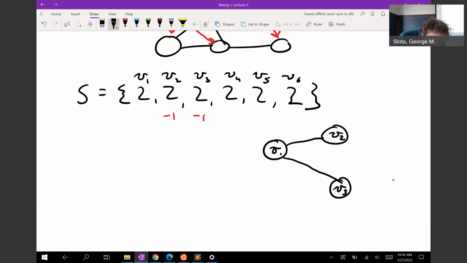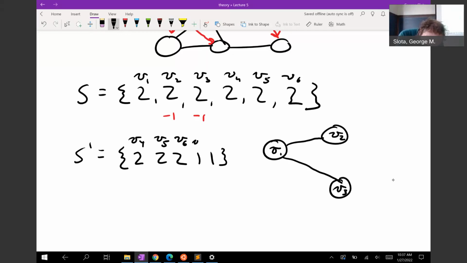S prime equals 2, 2, 2, 1, 1. So you see here we've resorted. So technically we have V4, V5, V6, V2, V3. So here, it's 1 minus 1, so V4 connects to V5 and V6.